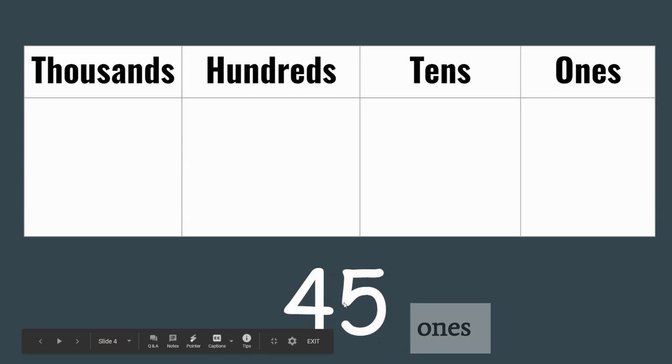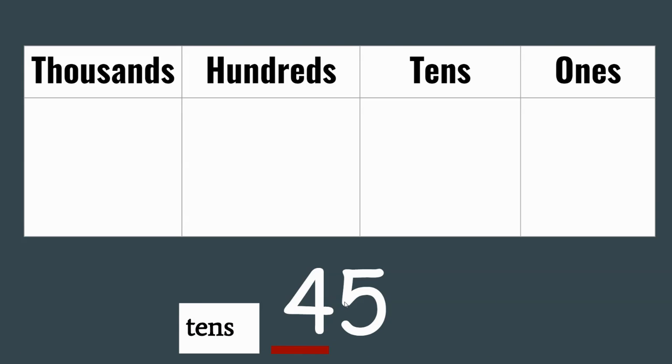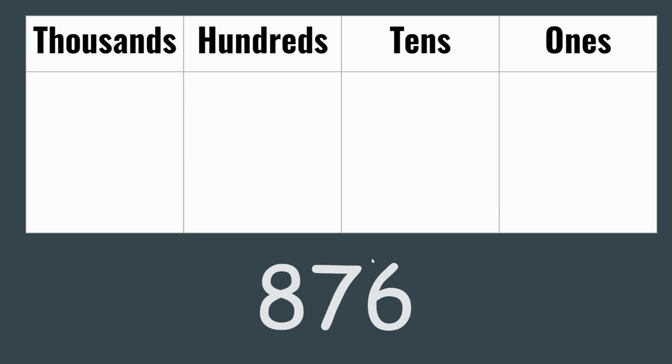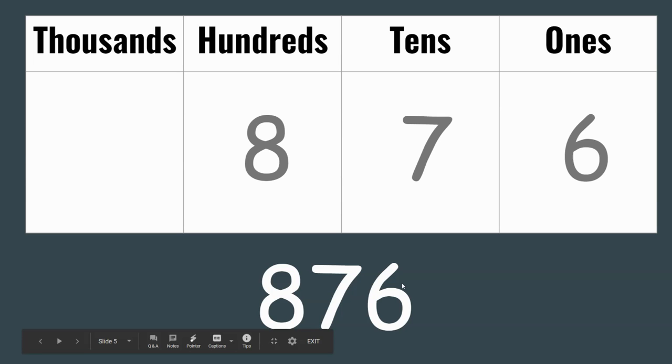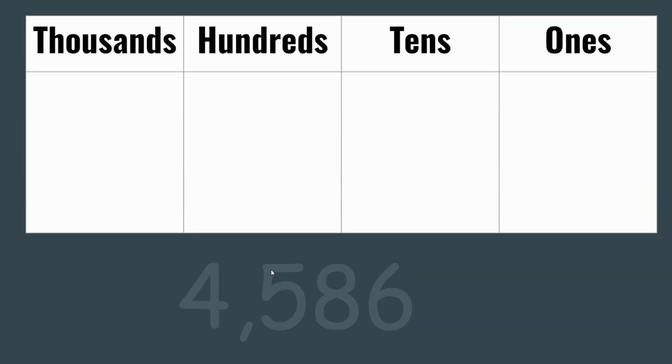How about 4? It follows the ones, so it is placed in the tens column. Next, 876. So 6 will be put here, 7 will be put in tens, and 8 will be put in hundreds.